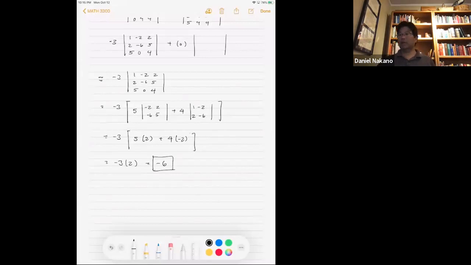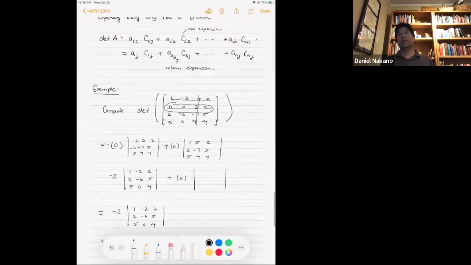Okay, did everyone understand how we did this? How we took this determinant of a 4x4 matrix. We strategically looked at which rows or which columns had more zeros than other columns or rows. And we picked the one with the most zeros because then we don't have to compute as many determinants.